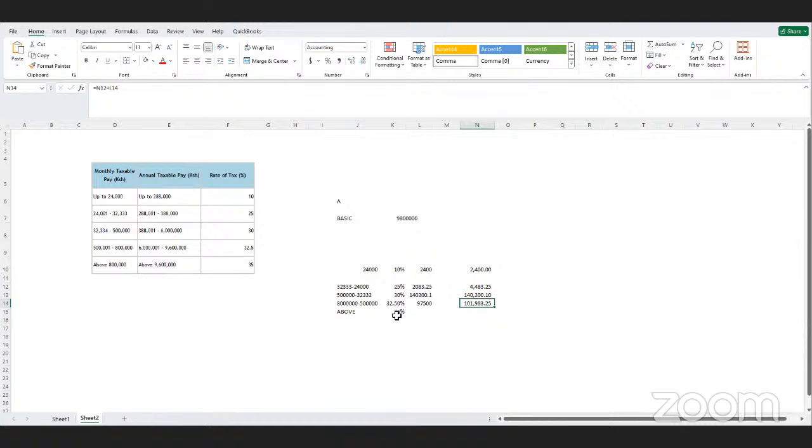And then above 800,000, it will be the difference between 980,000 and 800,000. Whatever we are getting here, we will multiply by 35%.